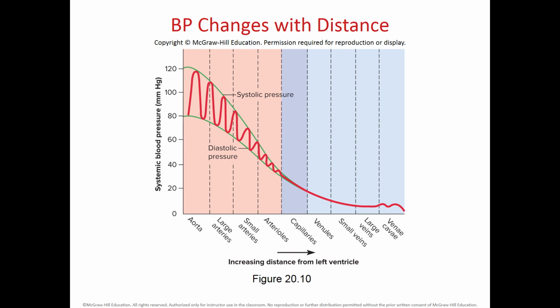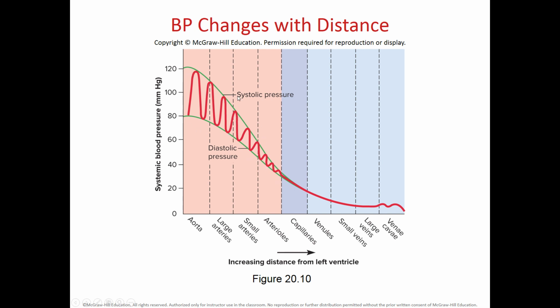So this diagram shows you the changes that happen within the different blood vessels when they are closer or away from the heart. In the aorta, you have fluctuation of pressure between 120 over 80. As you move into large arteries, this fluctuation of the blood pressure decreases, like around, let's say, between 90 to 70 millimeters of mercury, and you keep on going.